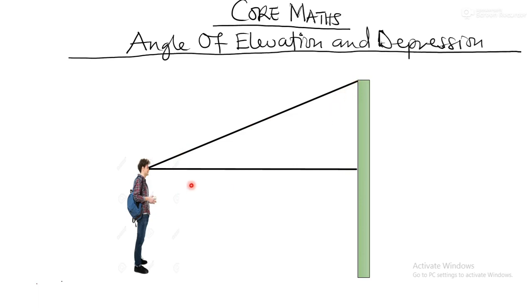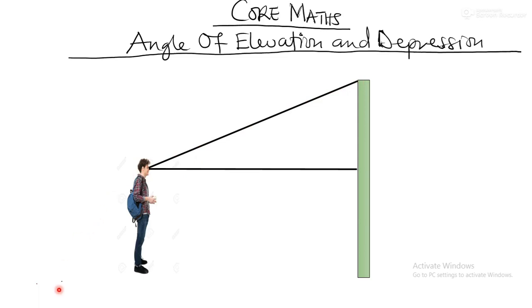So now you realize that there's an angle formed between the boy's initial eye level and his new eye level when he viewed the top of the pole. Are you okay? Good. So now this line, okay, this imaginary line is called line of sight. So we call this line of sight.